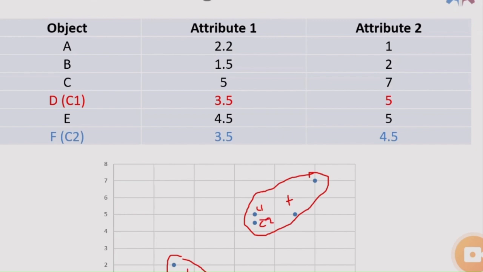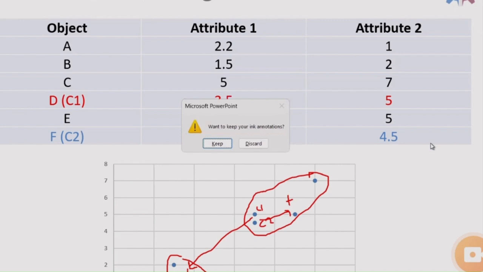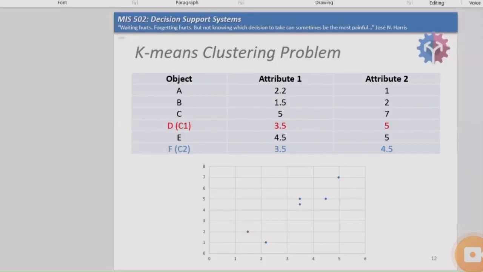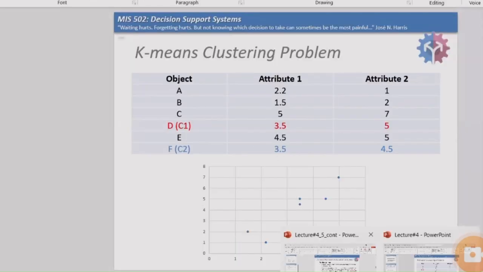One of them will take no time to move, but this time this is so far from the center that it will take more iterations to figure out that I have to go there as a center. So it takes very long. So randomly picking points is problematic because of this reason.